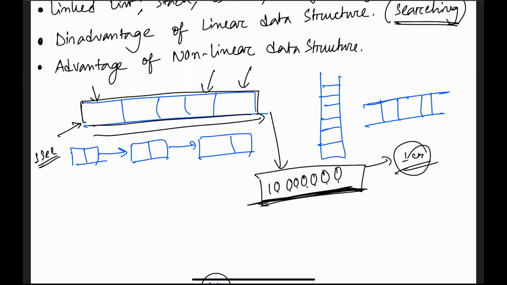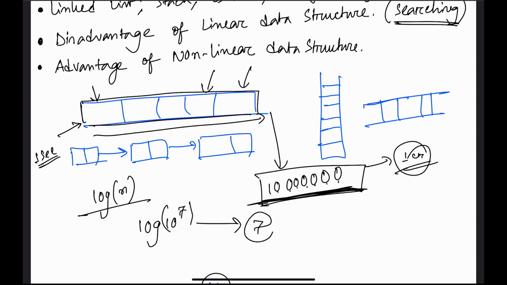But if you use a tree data structure, the searching time complexity is log of n, where n is the number of elements. So obviously log of 10 to the power 7 takes only 7 seconds, whereas here it is 1 crore seconds. Where is 7 seconds, where is 1 crore? The larger the number of data, the larger the difference would be.